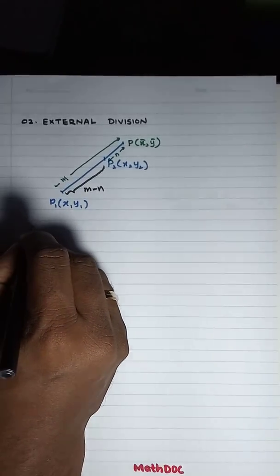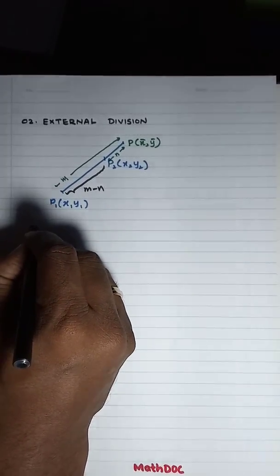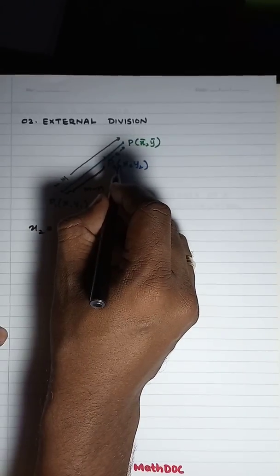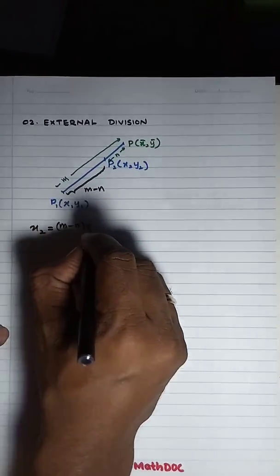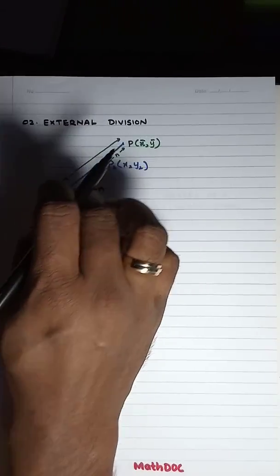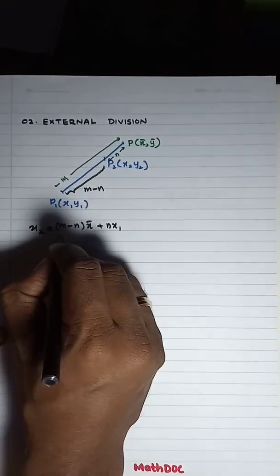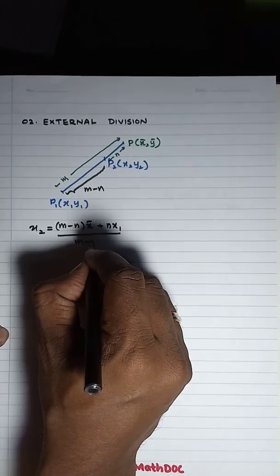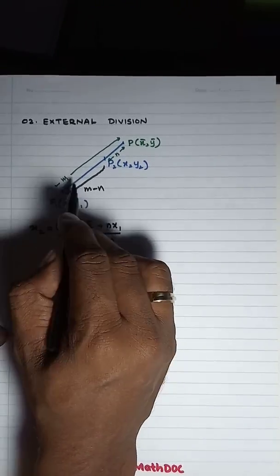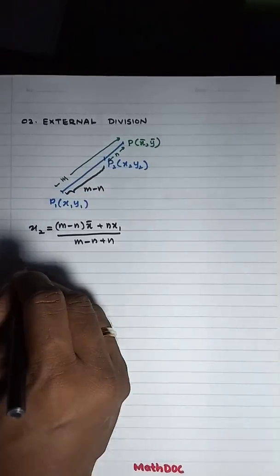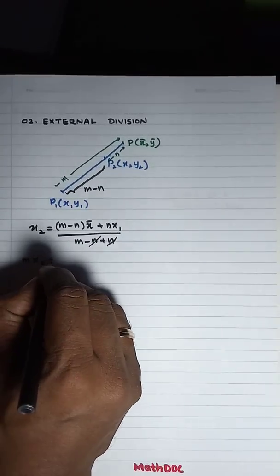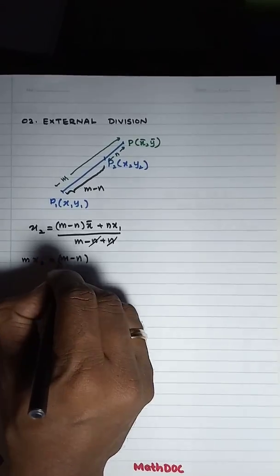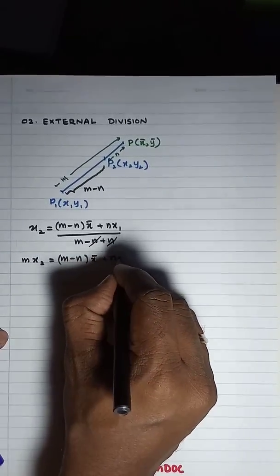By the previous theorem, x2 equals ((m minus n) x bar plus nx1) over ((m minus n) plus n), the ratio sum being m minus n plus n. Now simplify this: mx2 equals (m minus n) x bar plus nx1.